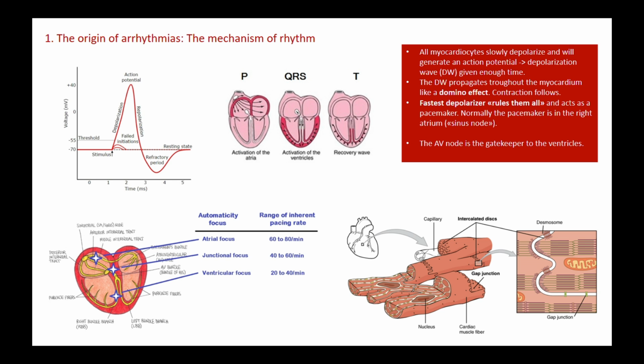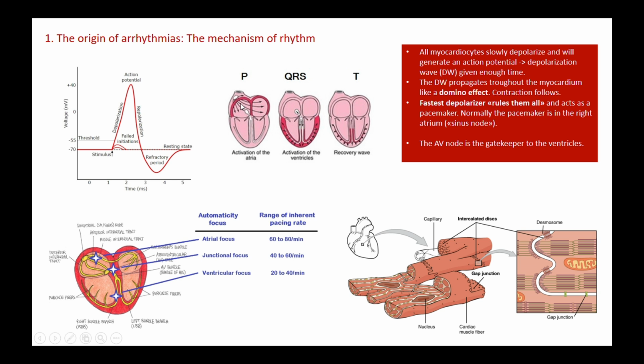And all of them are slowly depolarizing by means of leaking in sodium through slow sodium channels. But they also have the ability to follow the pace of the fastest depolarizer. And the fastest depolarizer is usually located up in the right atrium, in the sinus node.